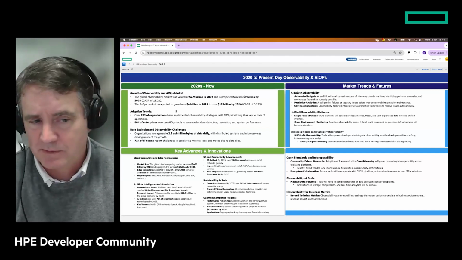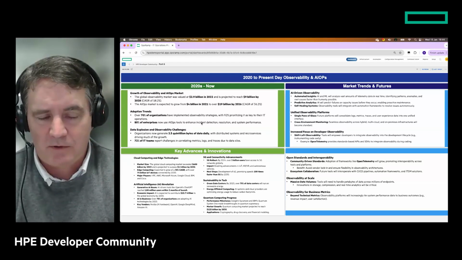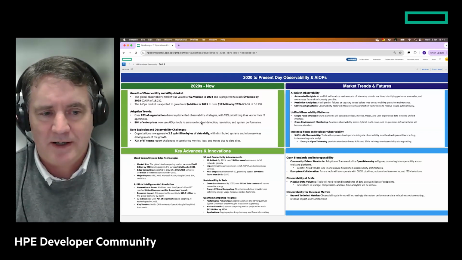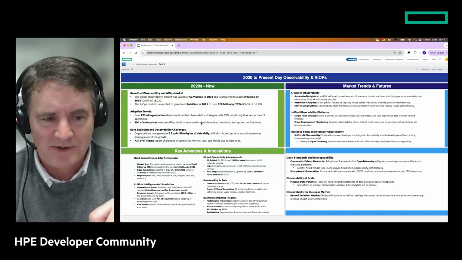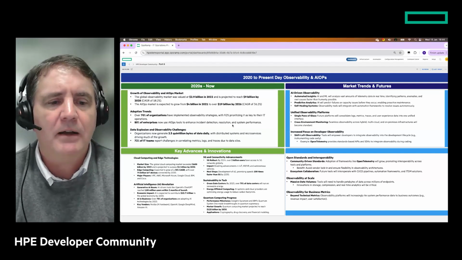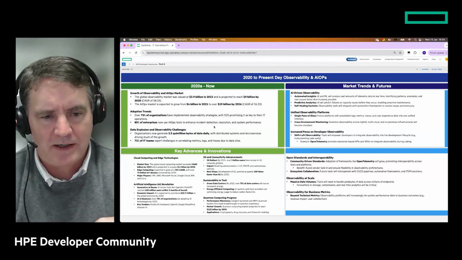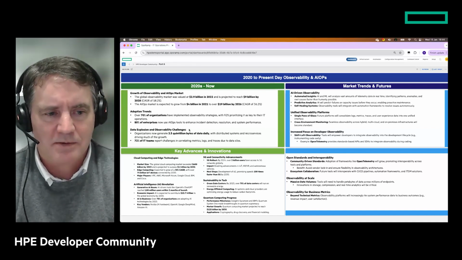Obviously, one of the challenges with observability is just the amount of data. So if you have an application that's generating terabytes of transaction data daily, do you really need to be analyzing all of that to really understand what's going on inside your system? Maybe not. So there are some challenges around the data and how to manage that data.